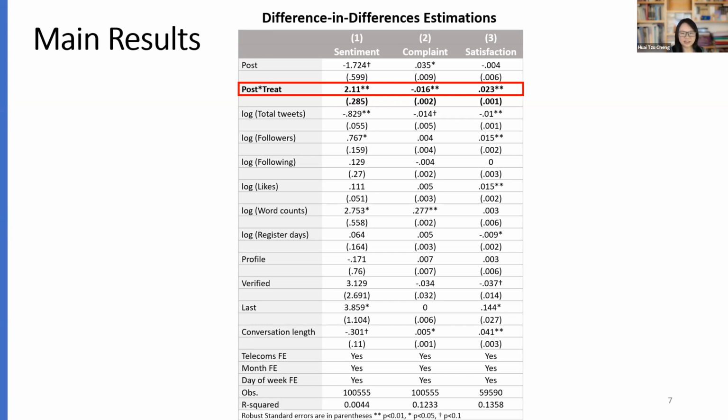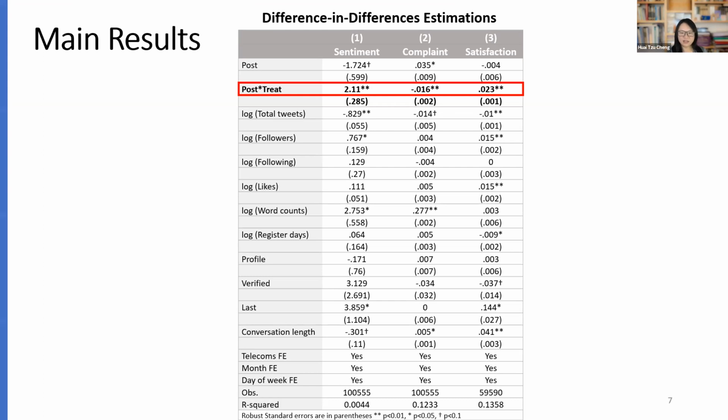The result shows that for sentiment, the coefficient of the interaction term is positive and significant. Specifically, the humanized profile adoption increased the sentiment score by 2. In the second column, for complaint, we apply a linear probability model, the LPM, in the DID setting. And we see the coefficient of the interaction term is negative and significant. The predicted percentage of complaint tweets mentioning T-Mobile Help was reduced by around 1.6% after the adoption of the humanized profile.